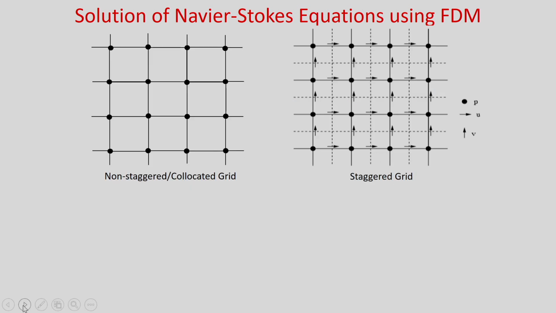As we discussed earlier, there are 2 types of grids based on the locations of the flow variables: collocated grid and staggered grid. What is a collocated grid?